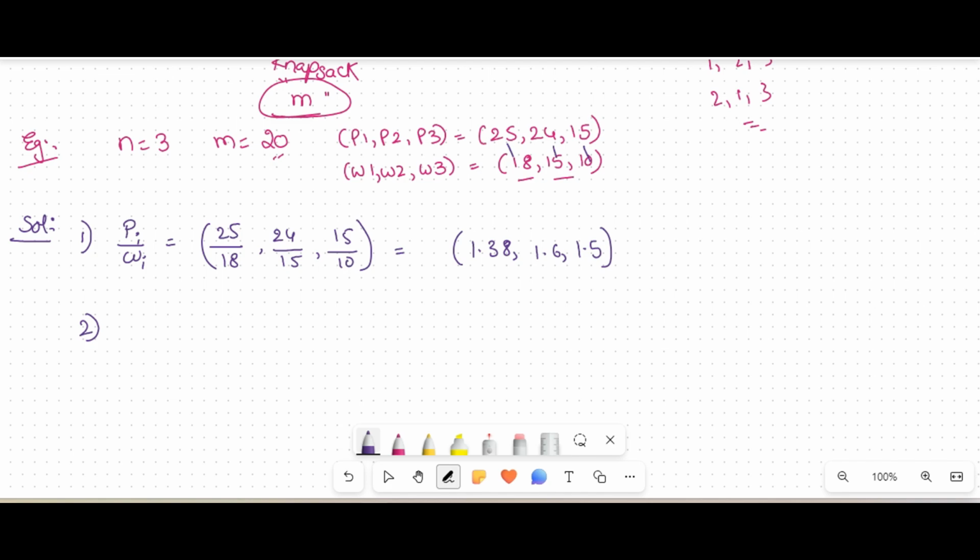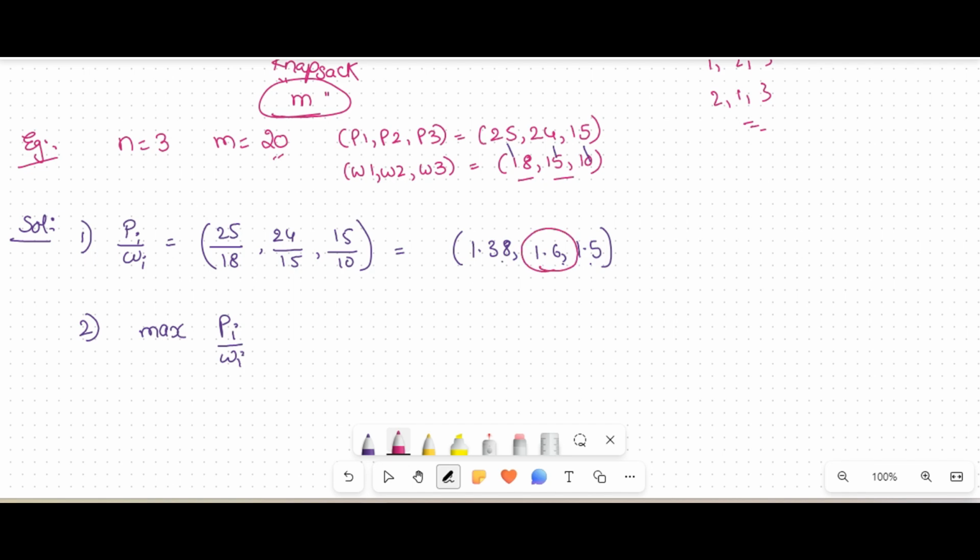Now we have to add the objects to the knapsack. Which object do we add first? The object having the maximum Pi by Wi we add first. Among these three, the second object has the maximum Pi by Wi.